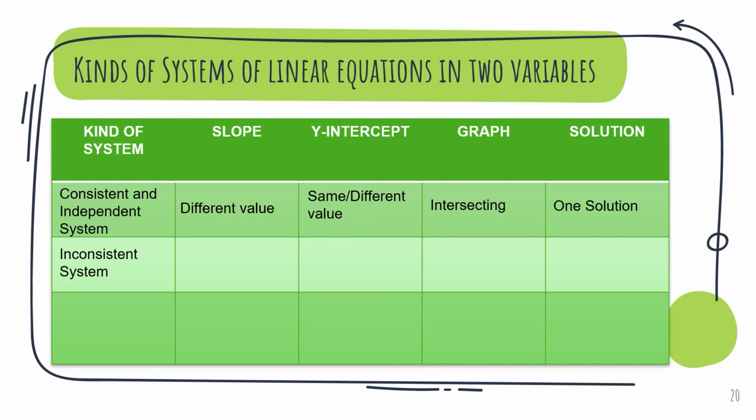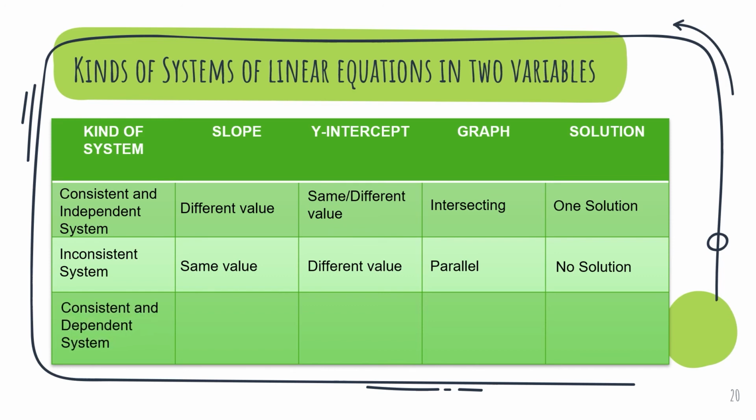For inconsistent system, slope has the same value. Y-intercept is different. The graph is parallel and it has no solution. And for consistent and dependent system, the slope is the same, the y-intercept is also the same. The graph is coinciding and solution is infinitely many.